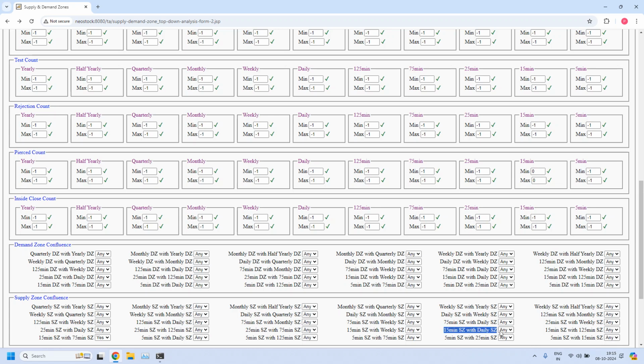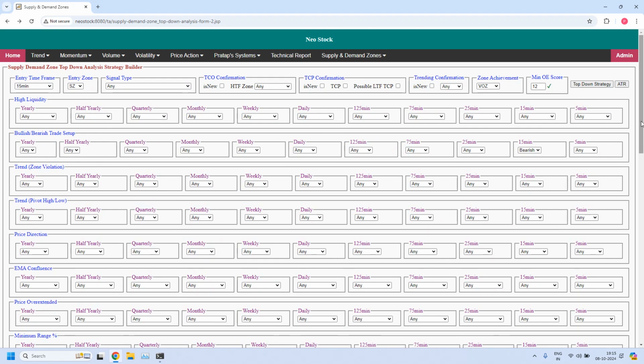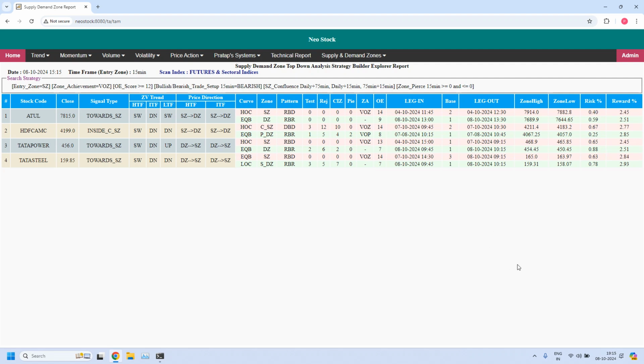Next filter I am enabling 15 minute supply zone with daily supply zone, and also 75 minute supply zone with daily supply zone, with all the 3 parameters. Let's filter. 4 stocks are filtered. EMA confluence, daily EMA confluence, no need to check because all the 4 are having sideways trend at HTF time frame. So that's why looking for HTF EMA confluence doesn't add any additional advantage.